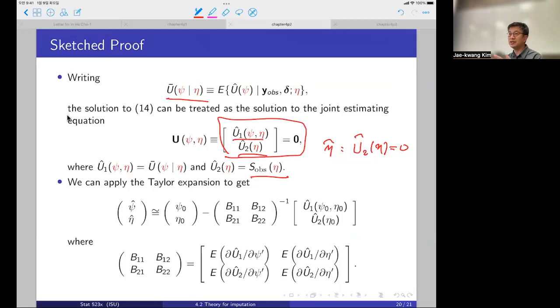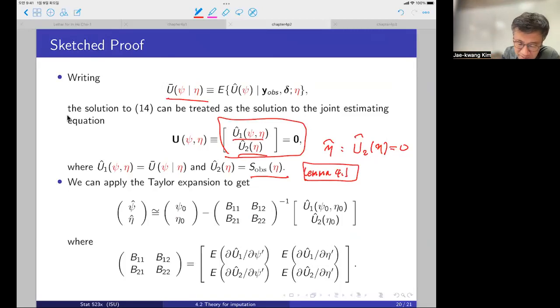do the Taylor expansion jointly, right? And that leads to, so this is actually Lemma 4.1. This is just a multivariate version of Lemma 4.1, right?